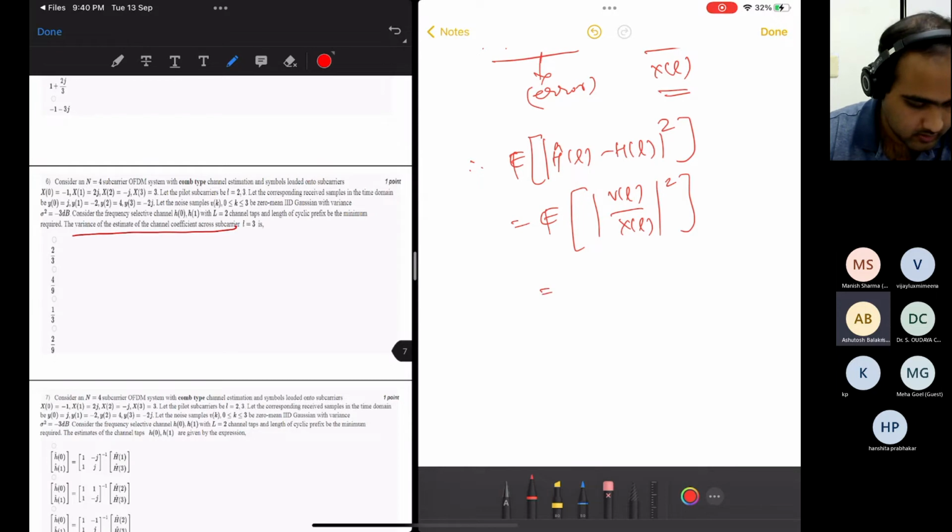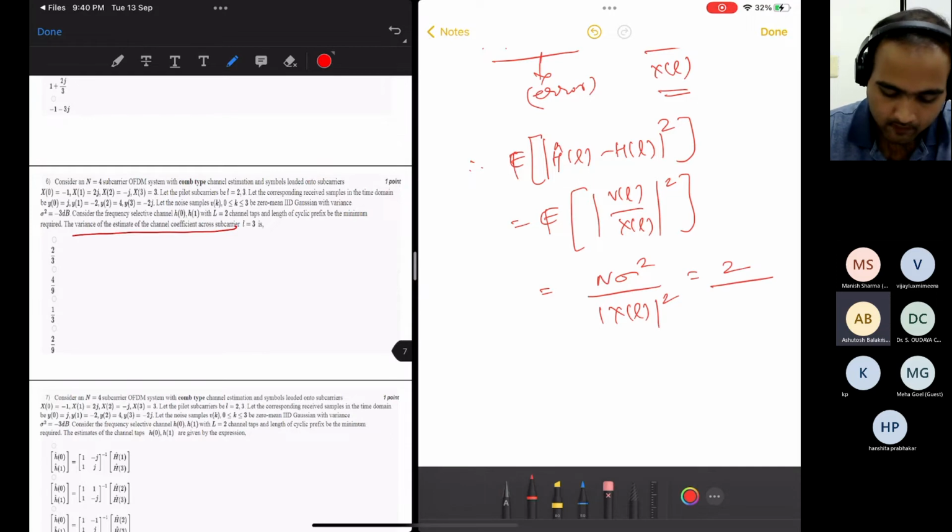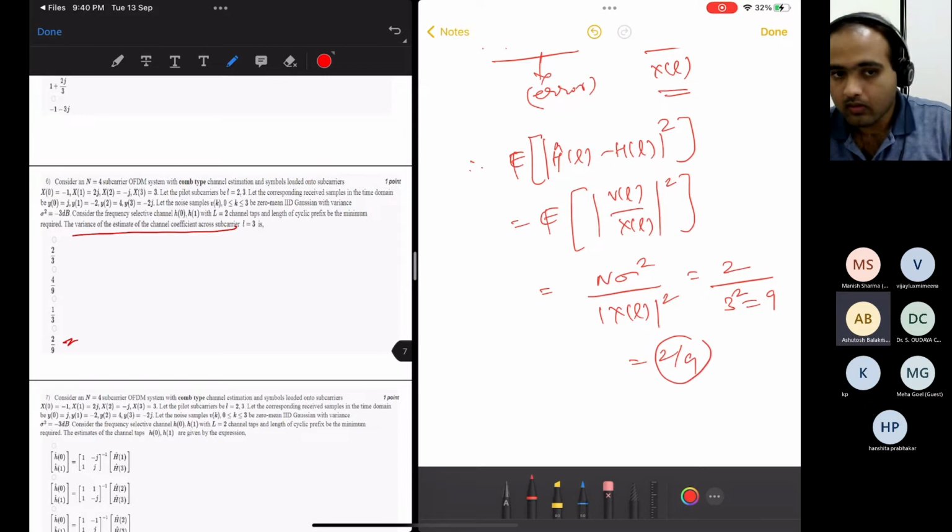And this is basically n sigma square divided by x of L squared. So this is 2, n sigma square, and x of L squared is 3 square, which is 9. So we have 2 by 9. Any doubts?